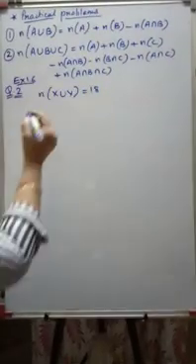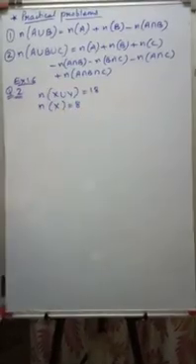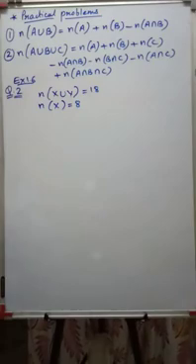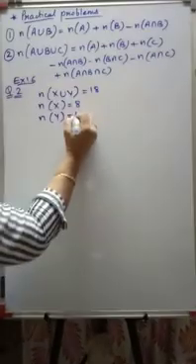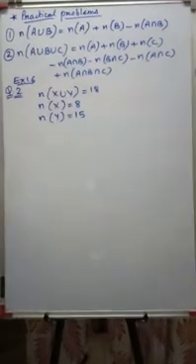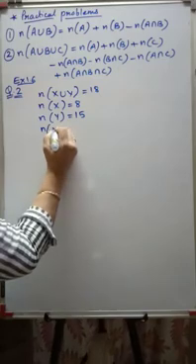X has 8 elements, so n of X is 8, and Y has 15 elements, so n of Y is equal to 15. How many elements does X intersection Y have?